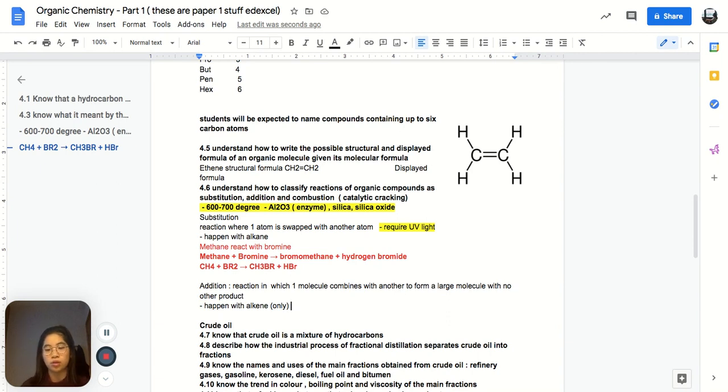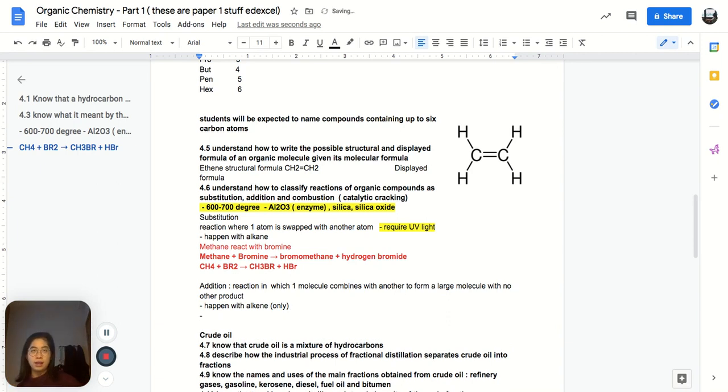So let me also tell you guys the idea behind this reaction. As I told you, remember alkene has a double bond. And the double bond in this addition reaction is broken so each carbon atom forms a covalent bond with another atom.